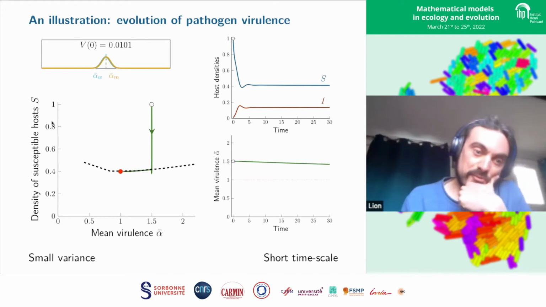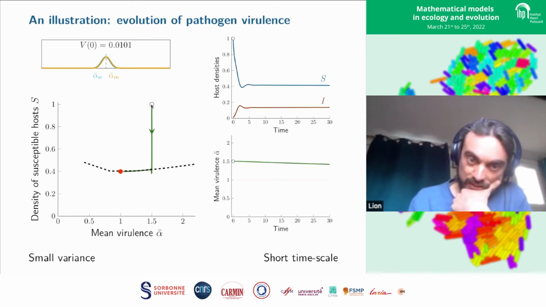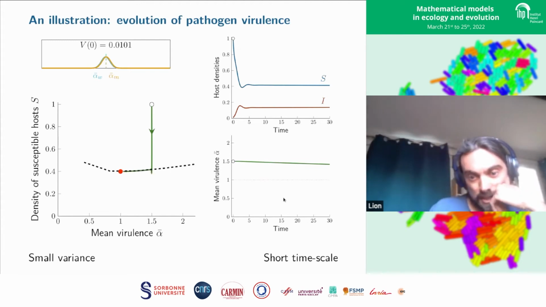And for the kind of dynamics we have, if we plot here the density of susceptible hosts, and here the mean virulence, we have a very clear separation of time scales where we first converge to this manifold, and then we have a slow evolution of alpha. We can show this in the dynamics, where quickly we settle on an ecological equilibrium, and alpha bar, the mean virulence, is not changing that much.